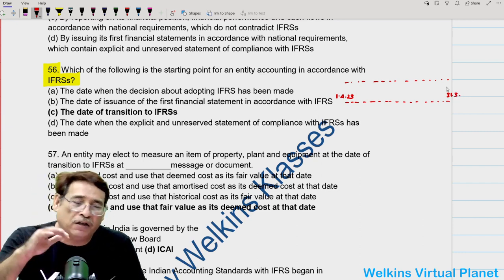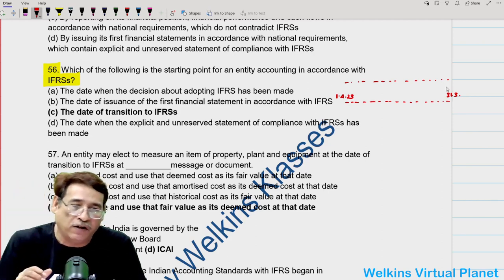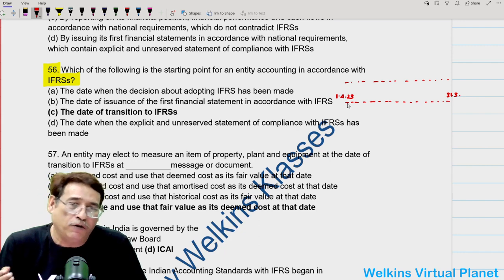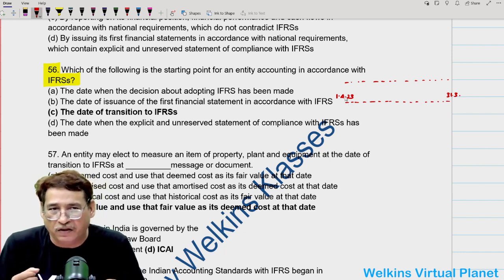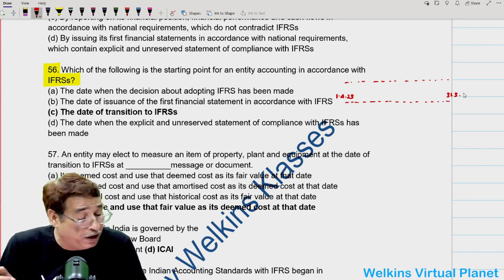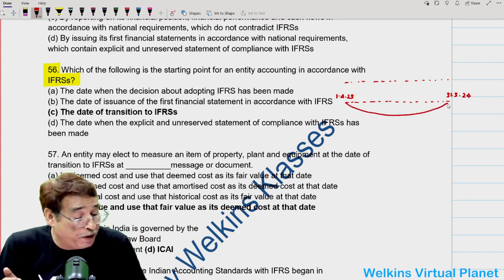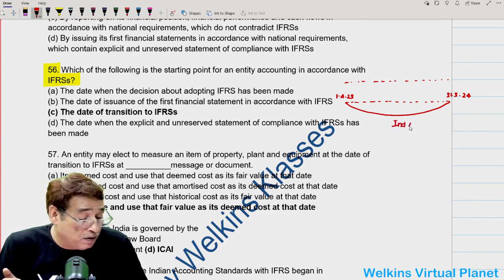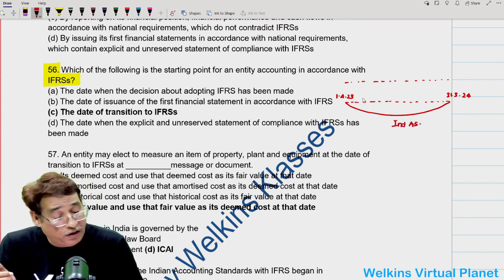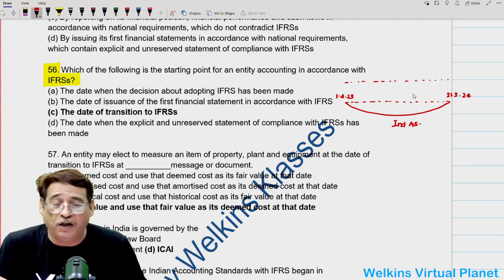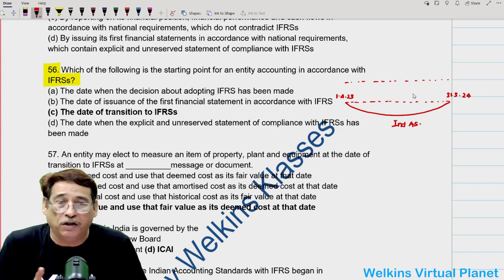Let us say so far this entity is preparing its financial statements as per existing accounting standards, and on 1/4/2023 the company takes the decision that we are going to move over to Ind-AS. That means this year's financial statements, 23-24, must be prepared as per Ind-AS, without any doubt.